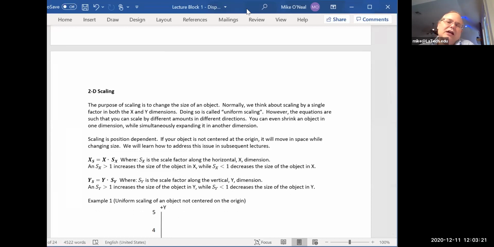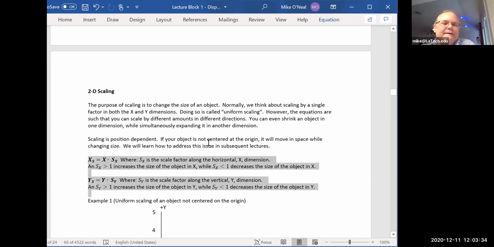But your scale factor in X could be different than your scale factor in Y. That's possible. So what are the equations? The equations for two-dimensional scaling are simply: scaled x is your X value times your scale factor in X.